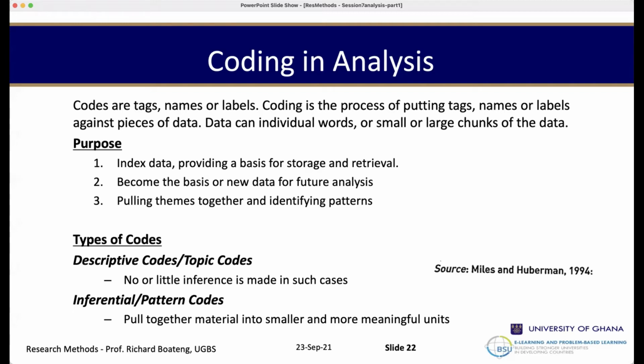Now you can also have inferential codes and then pattern codes. Inferential codes is that we are pulling two or more units together. So if I add one descriptive code to one maybe topic code, I can get a different meaning that can enhance what we are trying to do, depending on what our question is.